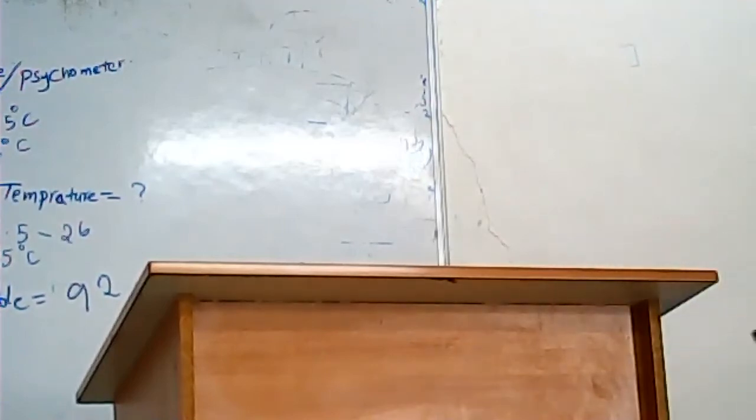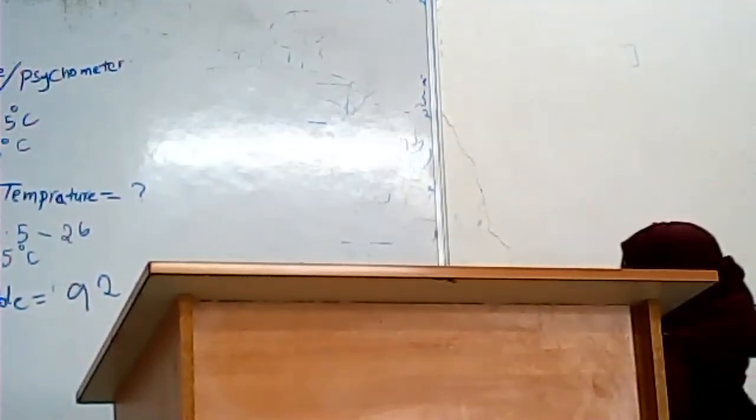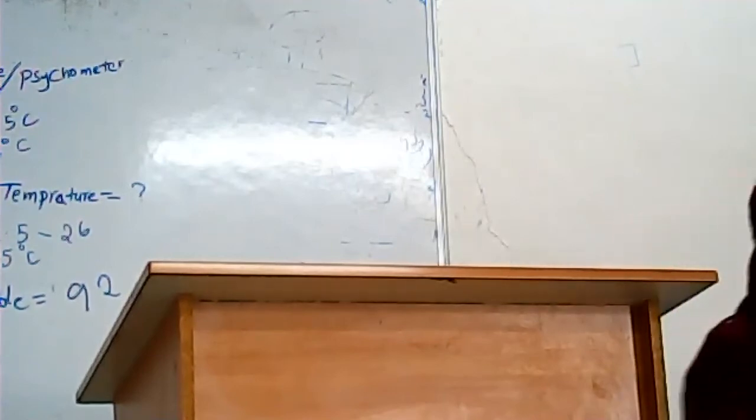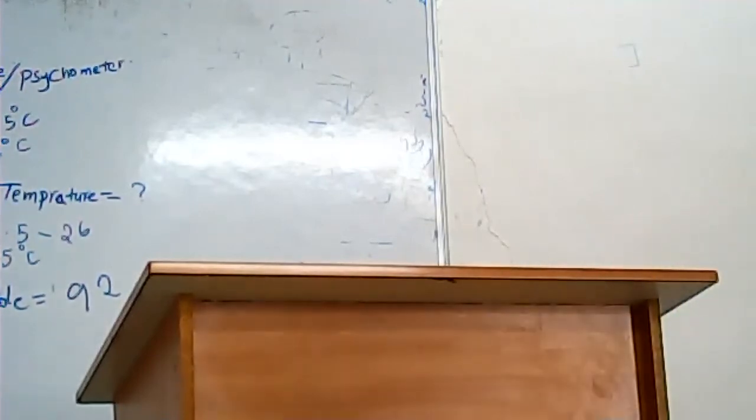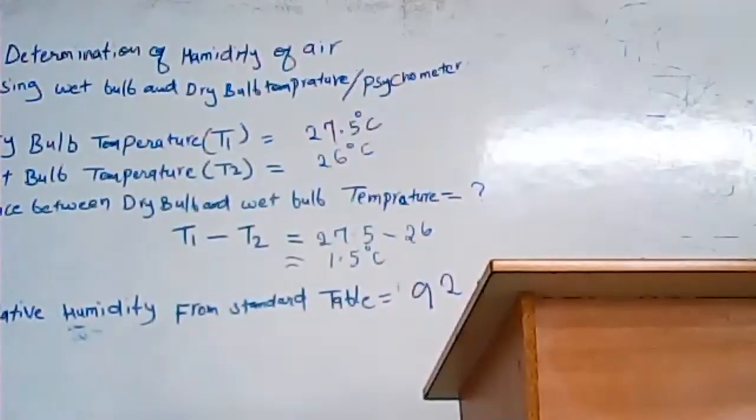And this is how relative humidity is calculated. So by calculating the dry bulb temperature and the difference between the two temperatures, we can read the humidity chart, and the relative humidity was found to be 92%.